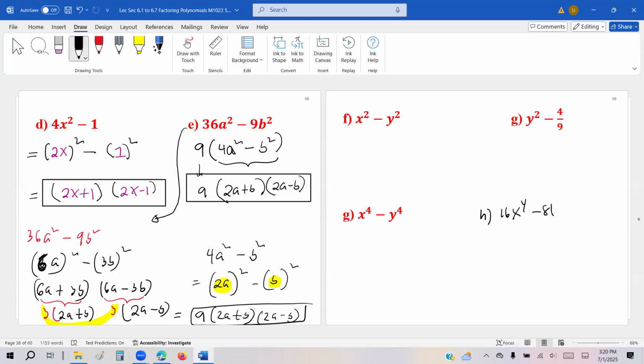Think of that as one number. 4 and 9. What square is 4 and 9? No, what number square is 4 and what number square is 9? That's it. So you need the answer.